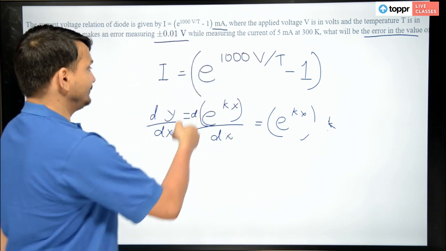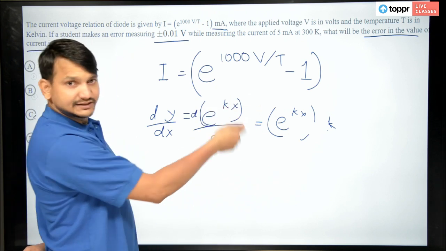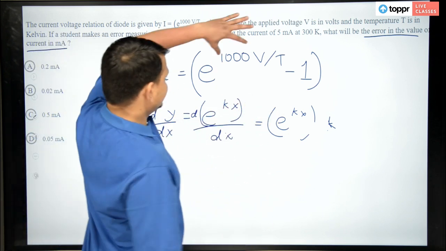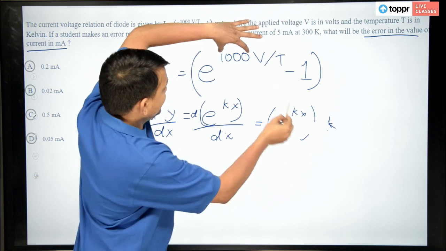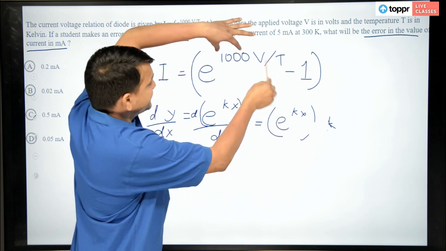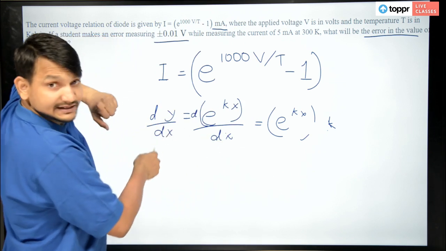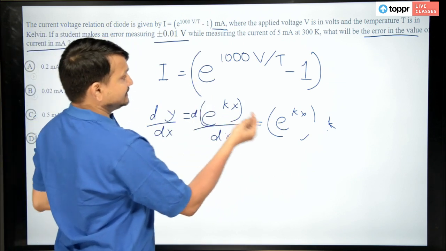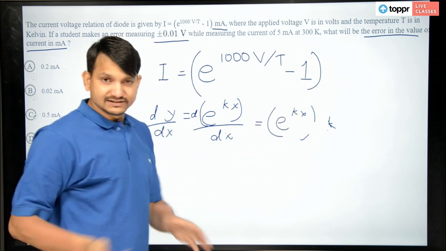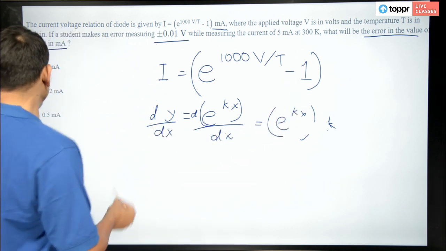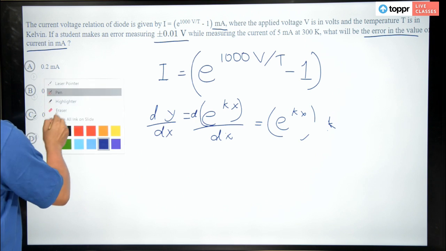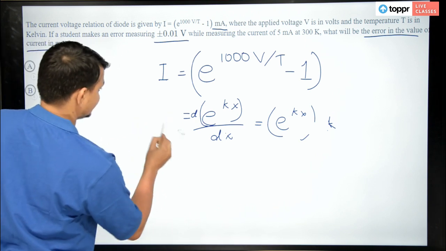But can you see the relation here? You can see that 1000 by T is k, and V, by which we are differentiating, is the x quantity, and 1 is a constant, so obviously 1 would have 0 differential value.